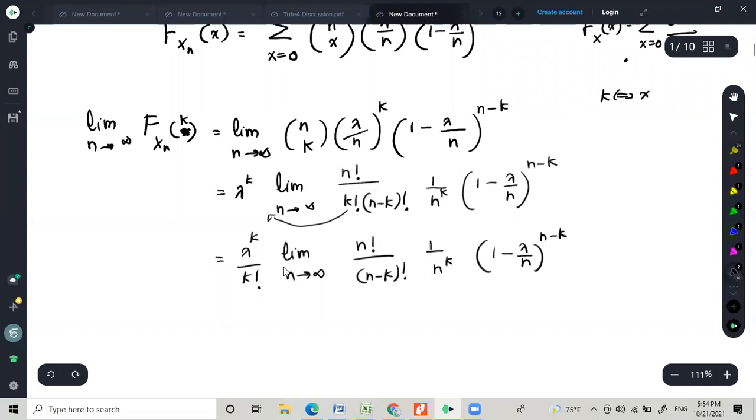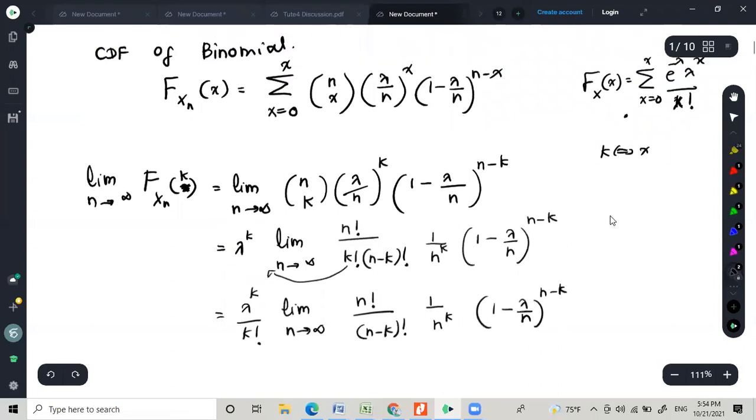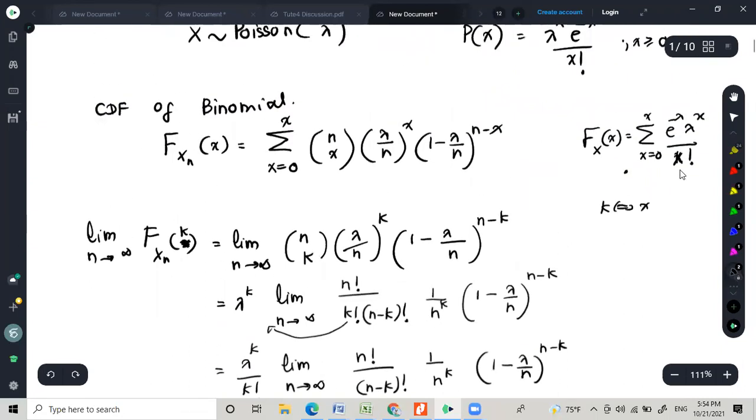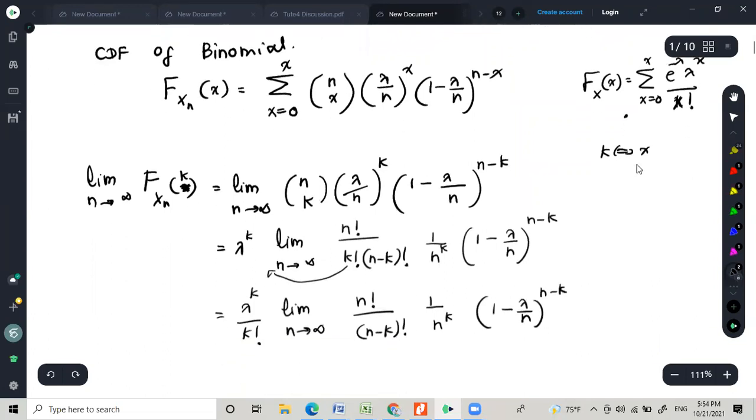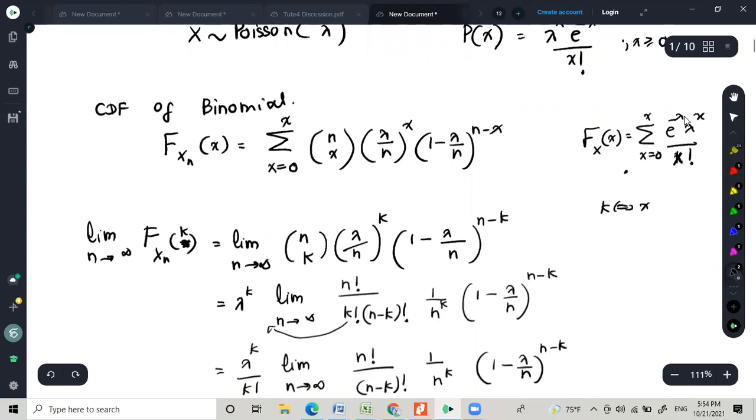Now look at the CDF we want. What do you want? e to the negative lambda, lambda to the x over x factorial. Now we are replacing x with k. So if you write the same thing replacing k, what should you have? e to the negative lambda, lambda to the k over k factorial. Our right hand side should converge to this quantity.